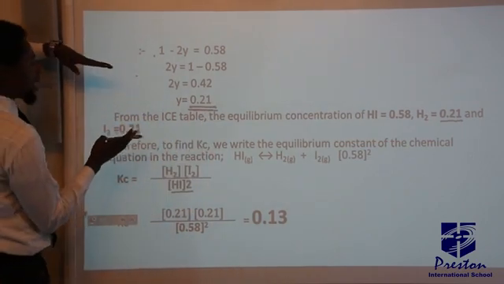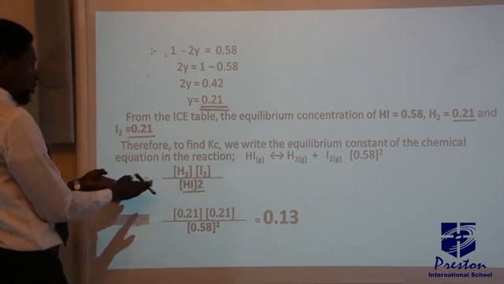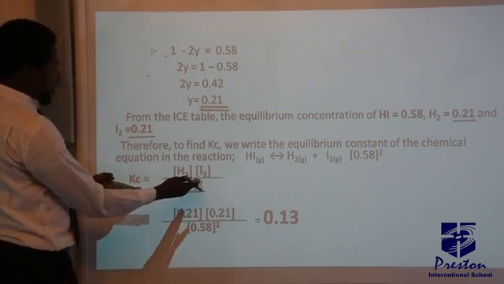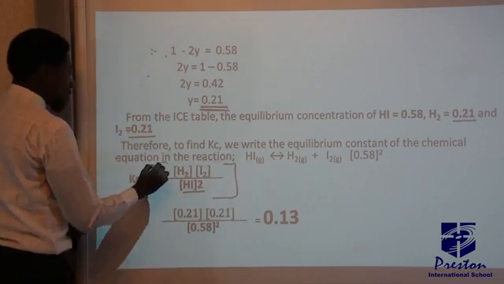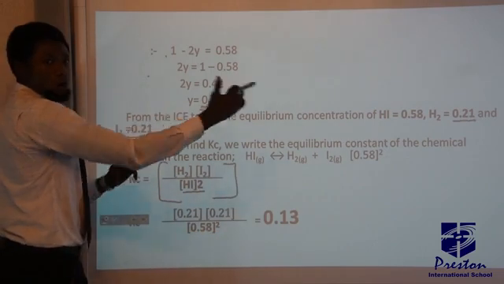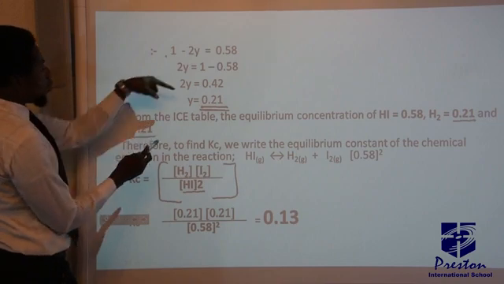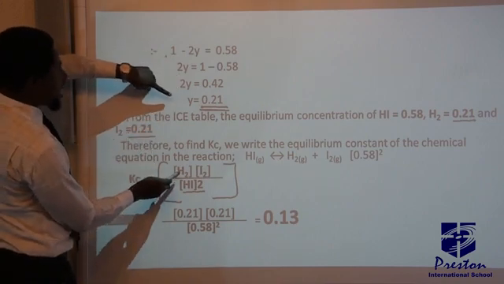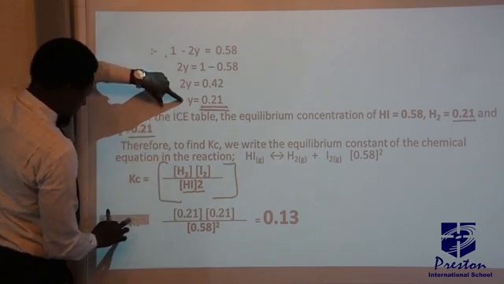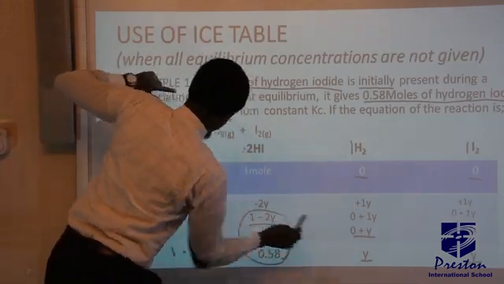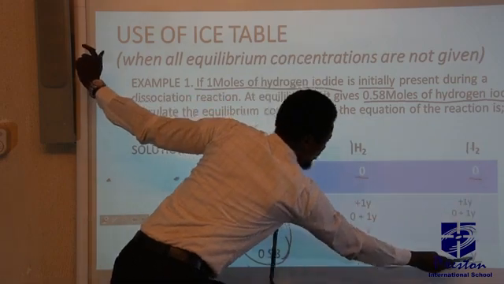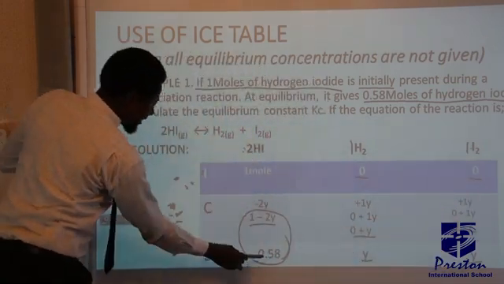Now, if you want to get the equilibrium constant of that reaction, all you need to do is write out the equilibrium constant expression, product over reactant. Then we have already known our H2 to be y from that ICE table. Our H2 is y, our I2 is y, and our 2HI is 0.58.